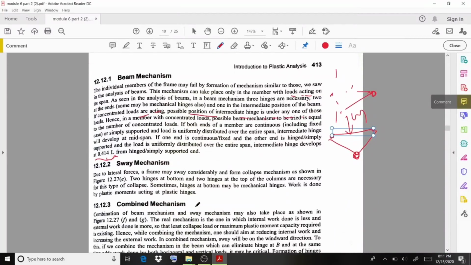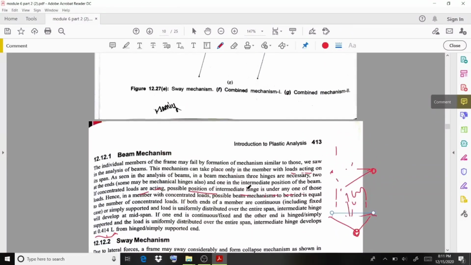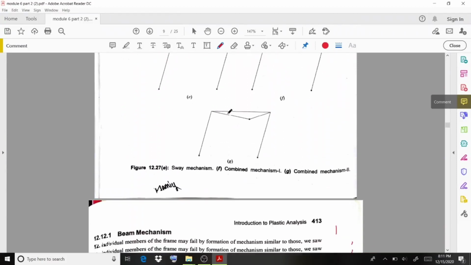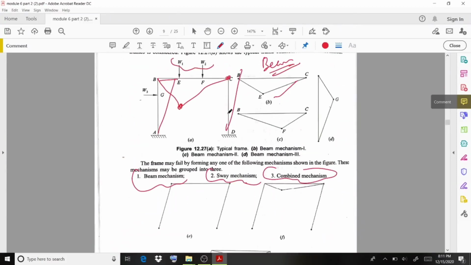Then coming to the sway mechanism, two hinges at the bottom and two hinges at the top of the columns are necessary for this type of collapse. In this case, both the supports at A and D are fixed, and so there will be four hinges forming, at this point, this point, this point, and this point.